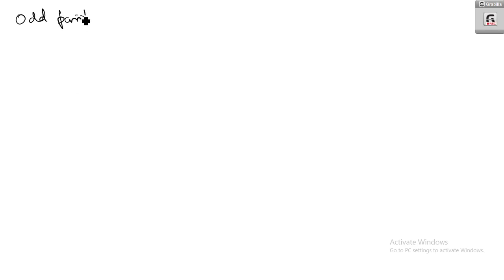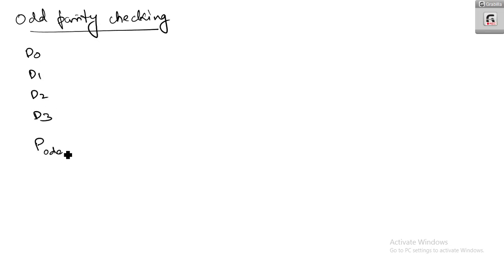Odd parity checking. Again I have the data D0, D1, D2, D3 along with the odd parity, that is P odd.